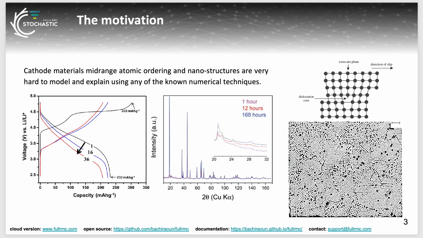All of that is probably what is leading to the mid-range ordering. There is no Hamiltonian that's solved for all of this. There is no force field that will capture all of that. There is no single box modeling that will be able to get you all of this. You need to be able to have a statistical solution to all of this. And that's what full RMC is about.